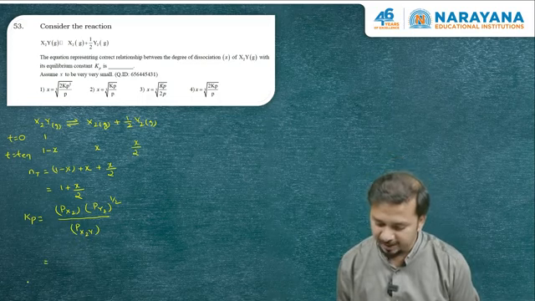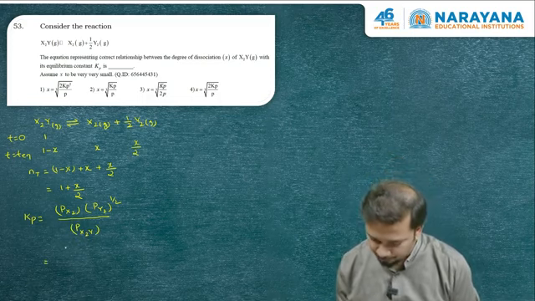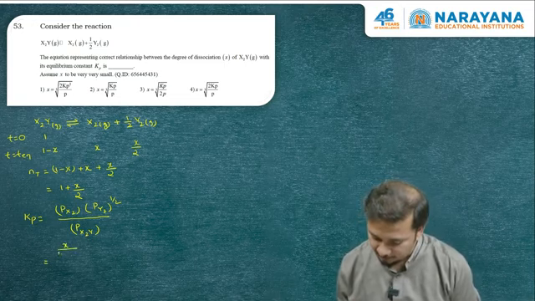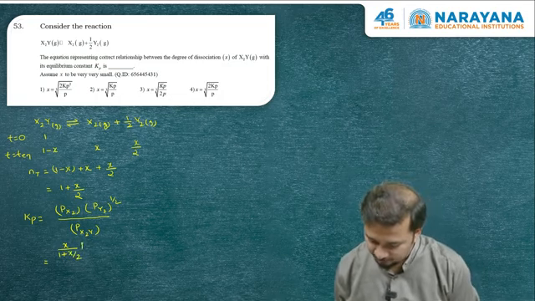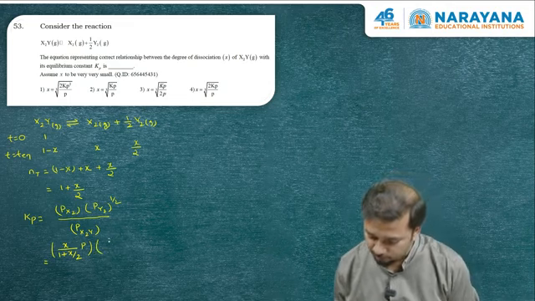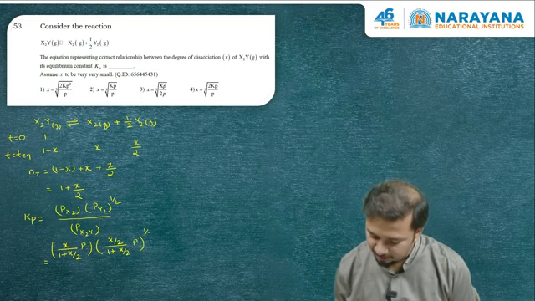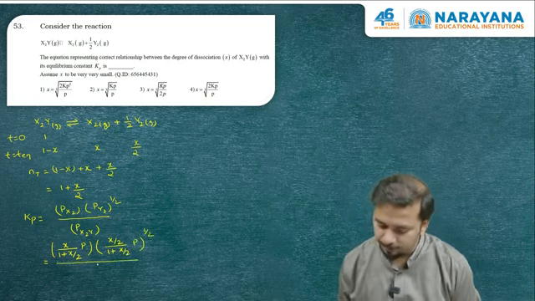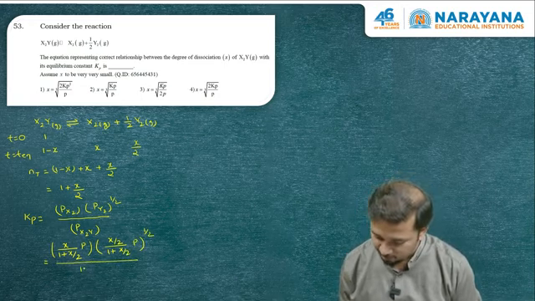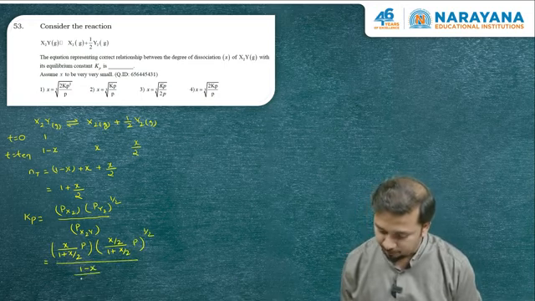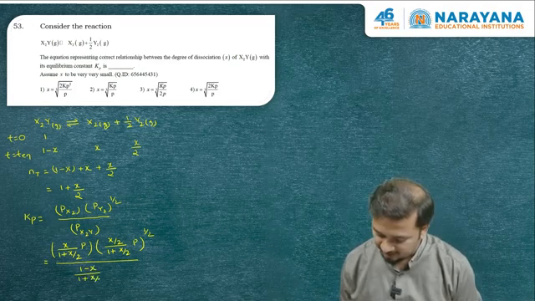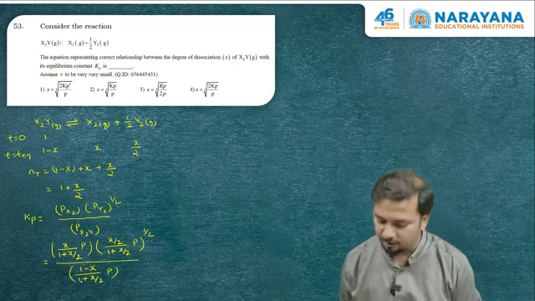So partial pressure of X2 will be equal to X upon 1 plus X by 2 into total pressure, I am assuming it to be P, times partial pressure of Y2 will be equal to X by 2 upon 1 plus X by 2 into P raised to the power 1 by 2 upon partial pressure of X2Y will be equal to 1 minus X upon 1 plus X by 2 times P raised to the power 1.